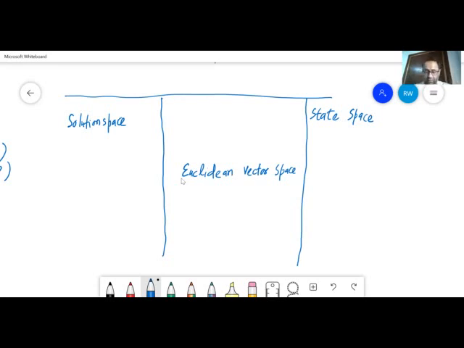The only difference, a slight mathematical difference, is that in Euclidean vector spaces we have a real space, a geometrical space, which we experience and are familiar with. While in quantum mechanics, we have a solution space rather than a real geometrical space.